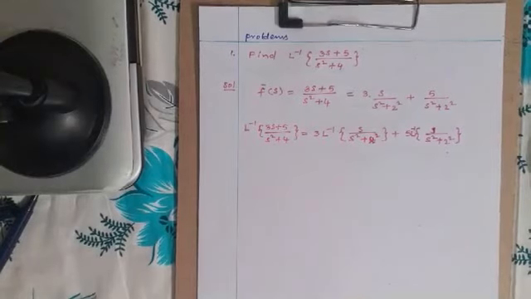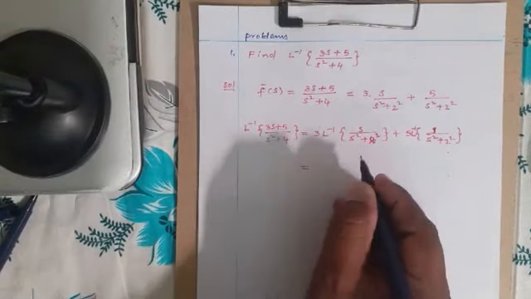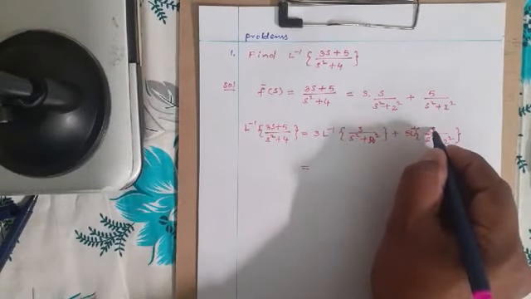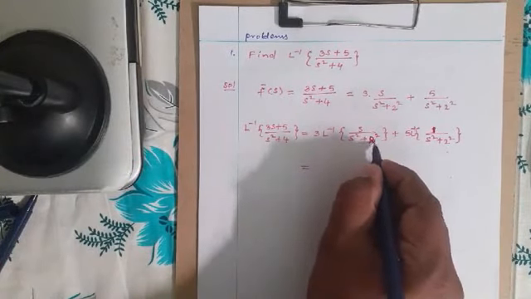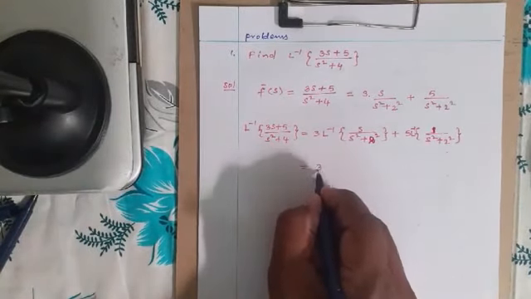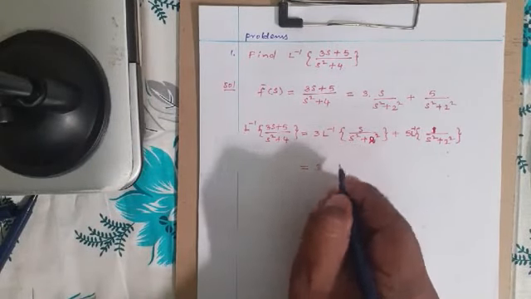Now you can see this is 1 and this is 2. Now 3 into L inverse of s by s square plus 2 square.